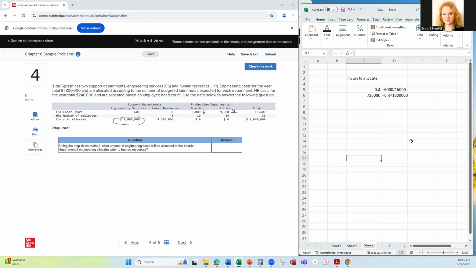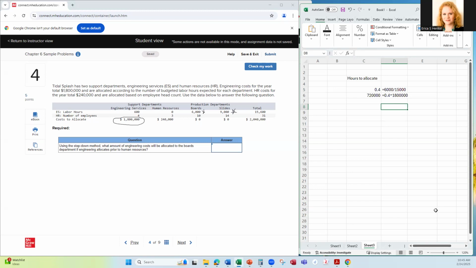So again, it would be very similar to the direct method when you're doing your last department. The human resources department, by the way, got allocated none of the engineering services. So they actually would only be allocating out their 240,000. So watching out for that.